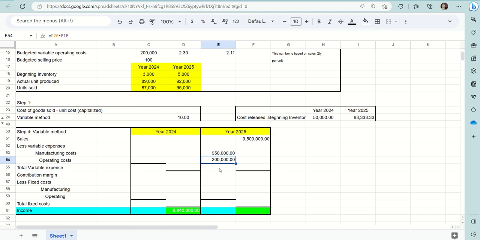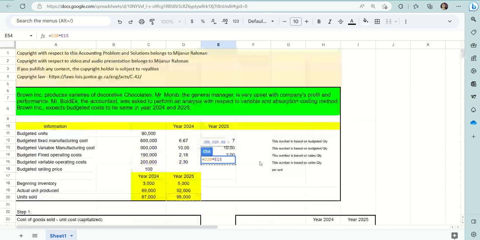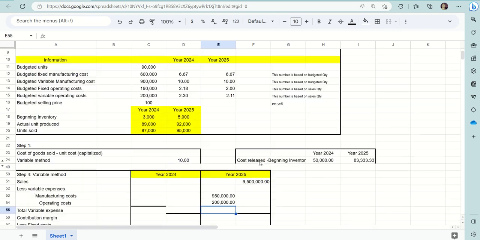With respect to variable operating expense, you would multiply 95,000 with 211 right there, which the 211 is our standard costing that we found out earlier. This 2,000, I'm going to show that to you again so you don't forget. 2,000 divided by this 95,000, that's 211.